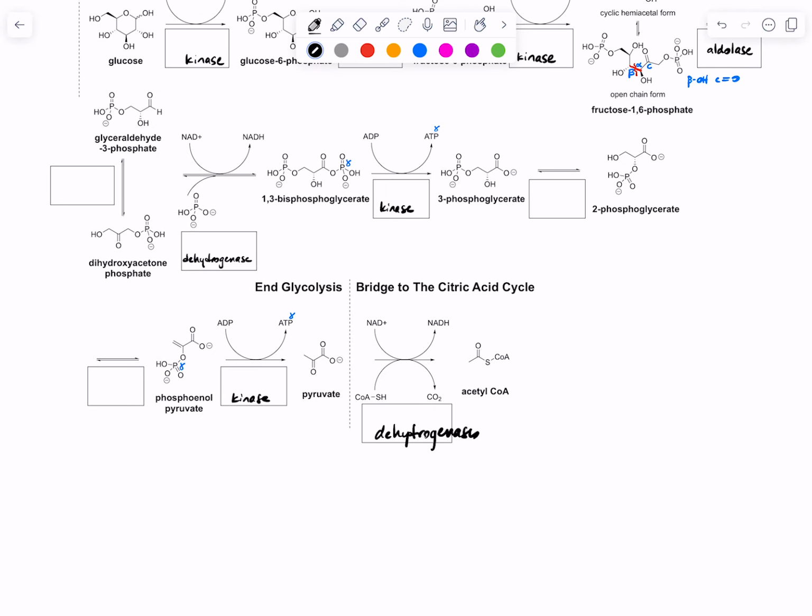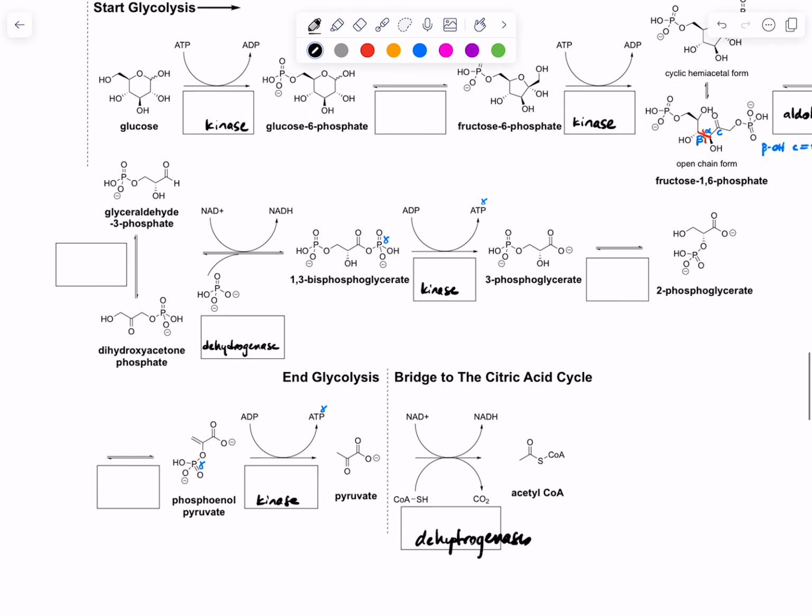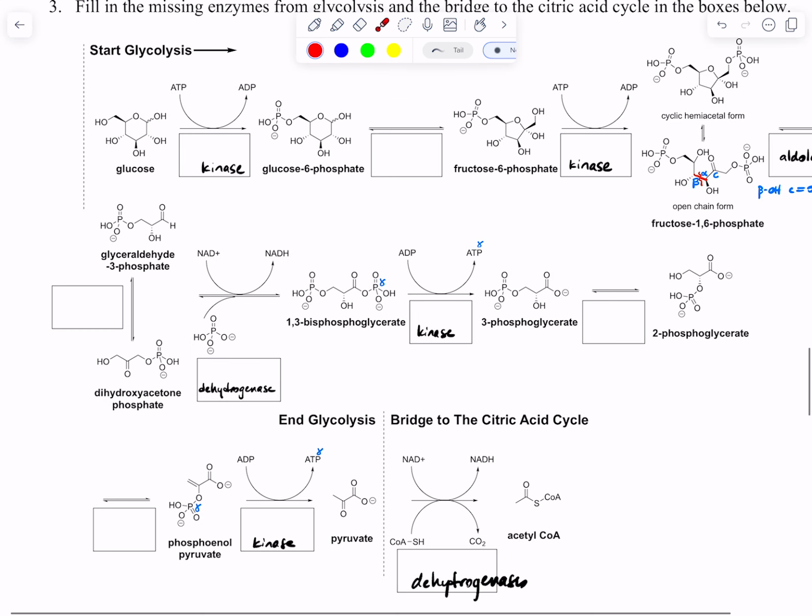And then what else have we got to fill in here? What's this one called? That's called an isomerase because there's no ATP or other cofactors needed. You just need the enzyme, and you're switching from aldehyde to a ketone. Similar change here, and actually similar mechanism.